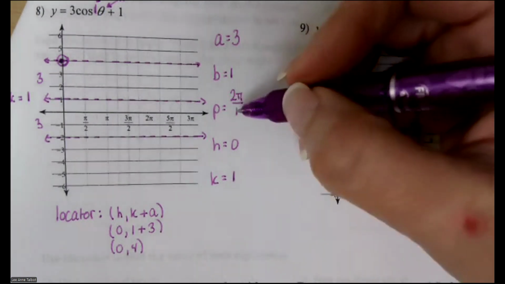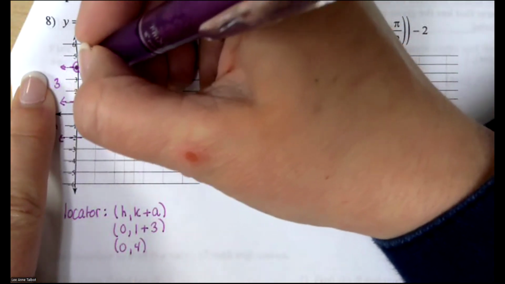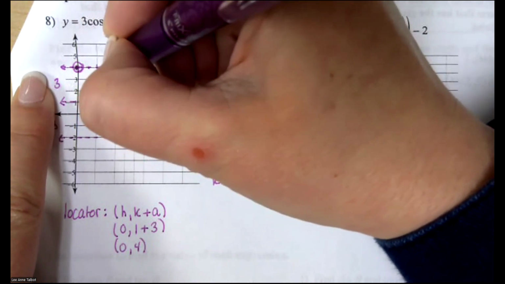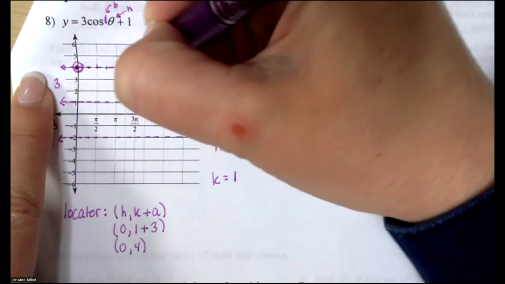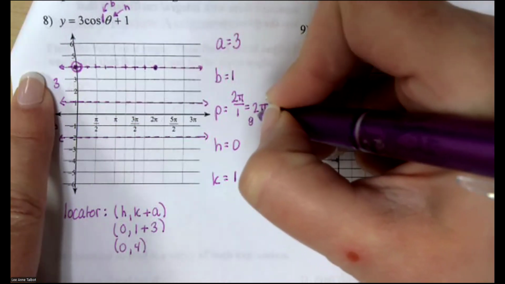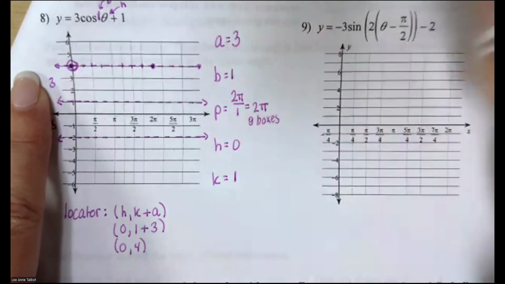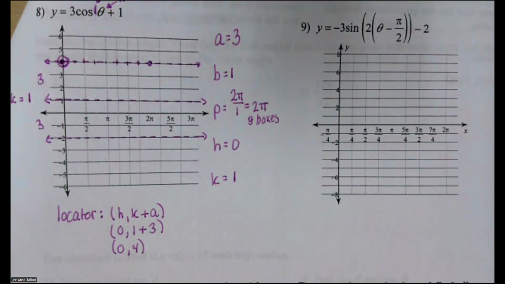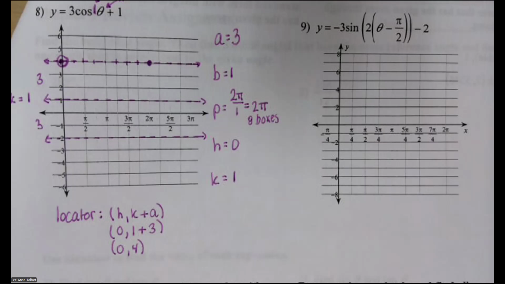Okay, now how many boxes is 2 pi on this weird graph paper? Just pretend so 1, 2, 3, 4, 5, 6, 7, 8. Okay, now the unit circle has 4 quadrants.